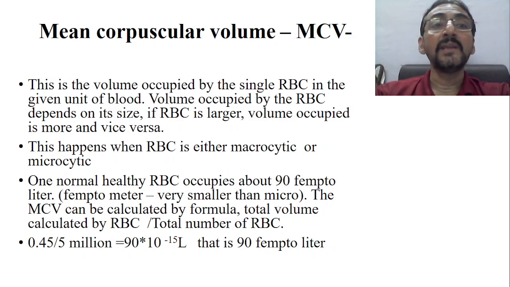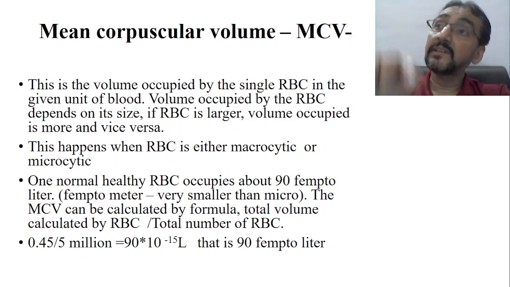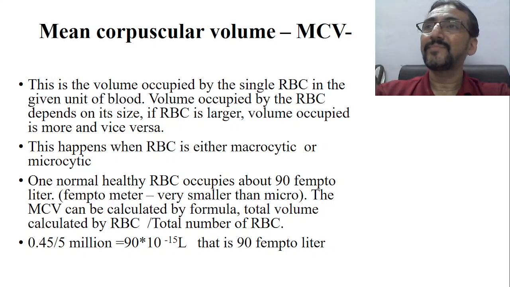So now here comes MCV. Importance of MCV. Packed cell volume will not give the volume of individual RBCs. It gives the volume of the total, all the RBCs. But whereas mean corpuscular volume gives the volume of the single RBC. Single RBC. Okay. Now, therefore, this is quite useful for us.